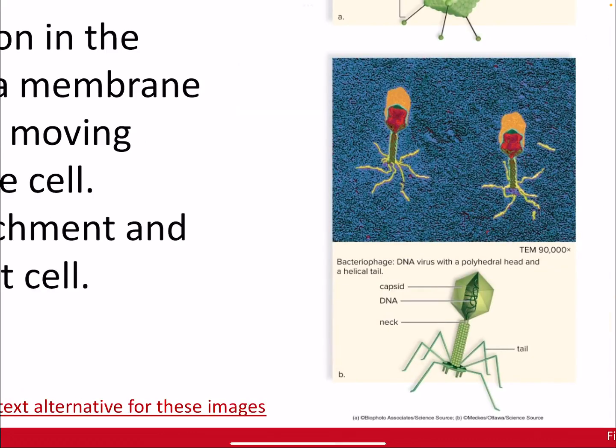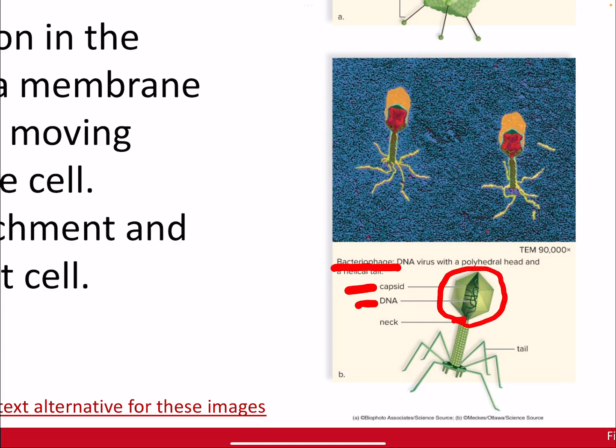So we're going to look at this thing here. This is a bacteriophage. This is a virus that infects bacteria. So viruses can also infect bacteria, and we refer to those as bacteriophages. So here we see the capsid, the DNA, and that's really kind of the main portion of the virus.